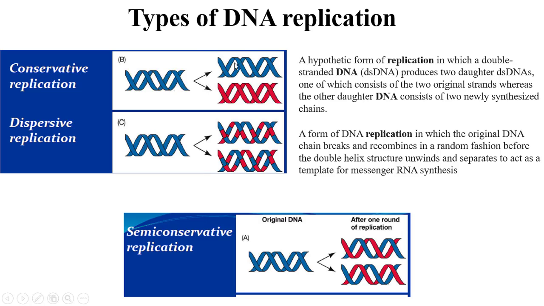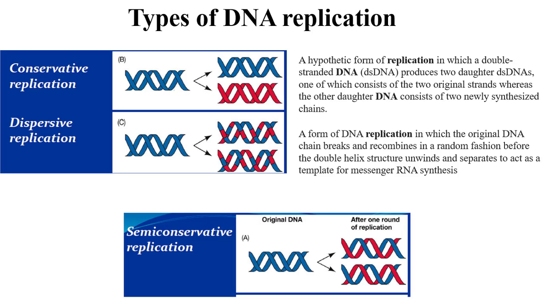One is like the original strand, and the other is a newly produced daughter DNA. So it's like Xerox copying. It's called the conservative mode of replication, but there is no experimental proof for conservative replication.